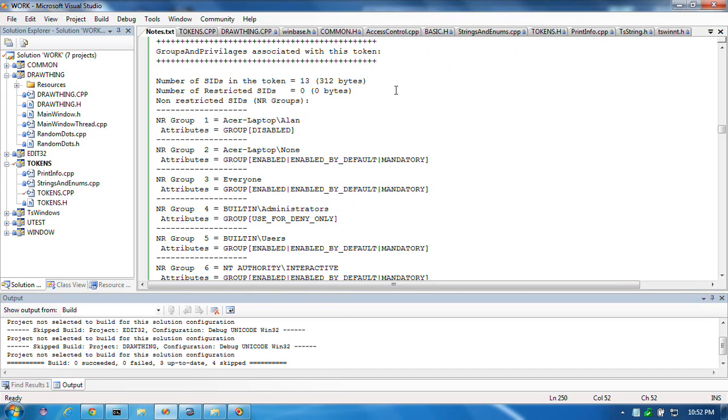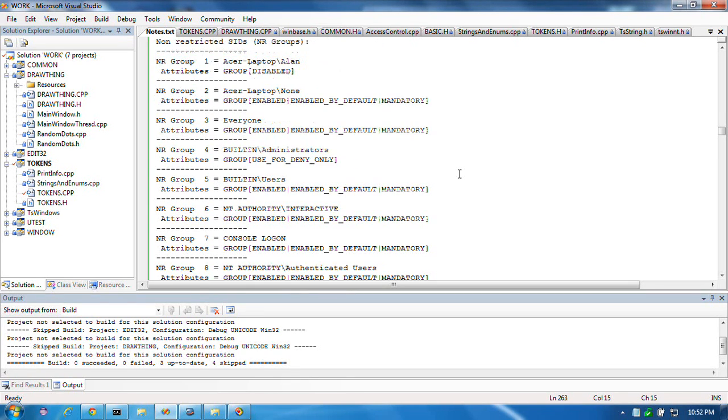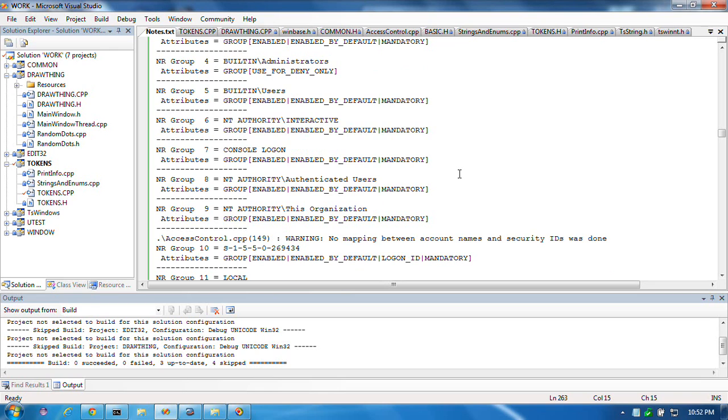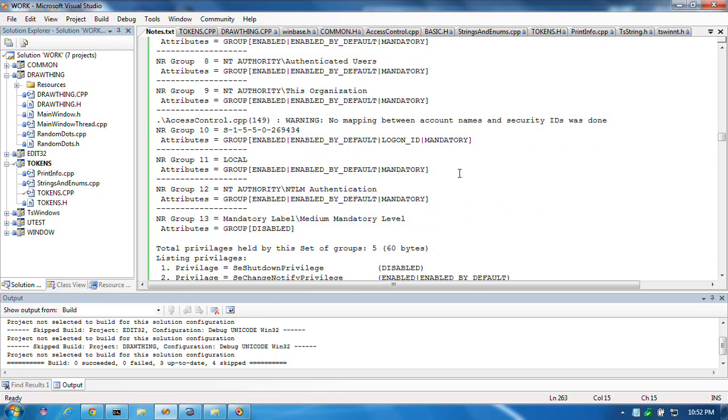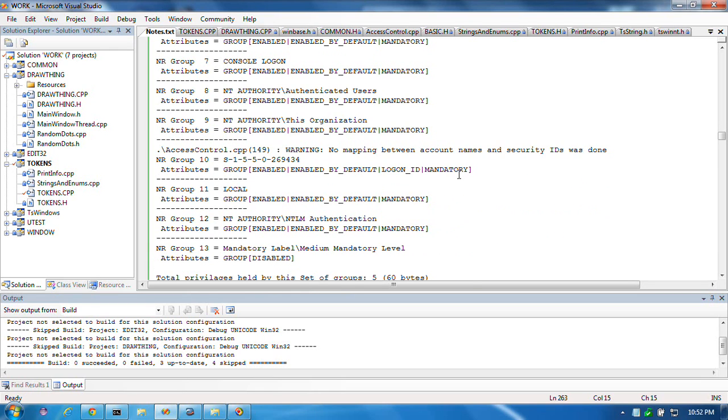But in any case, the total number of SIDs in my token here is 13. Okay, so there are 13 SIDs in this token. Security identifier, or whatever they are.